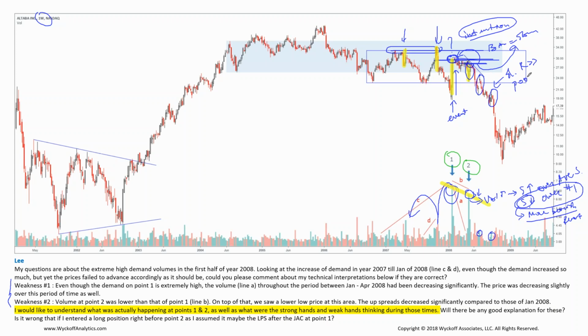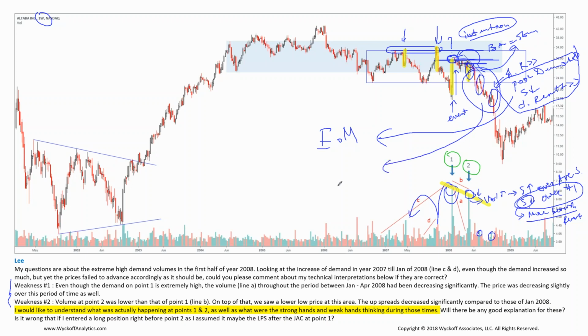So this tells us that there is a poor demand and diminishing supply signature on the background where the price is moving to the downside. And that is ease of movement. On diminishing supply signature, we are able to move the price down. Ease of movement. And that gives us a timing to initiate the position.